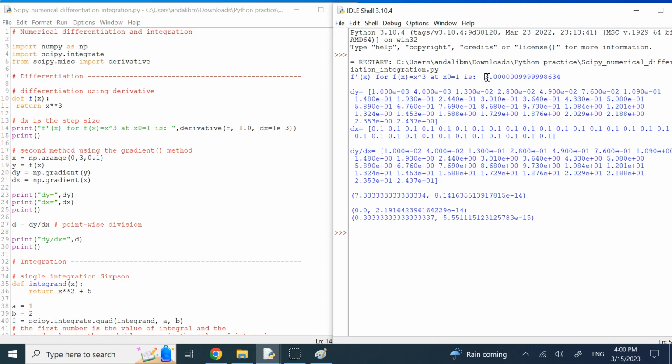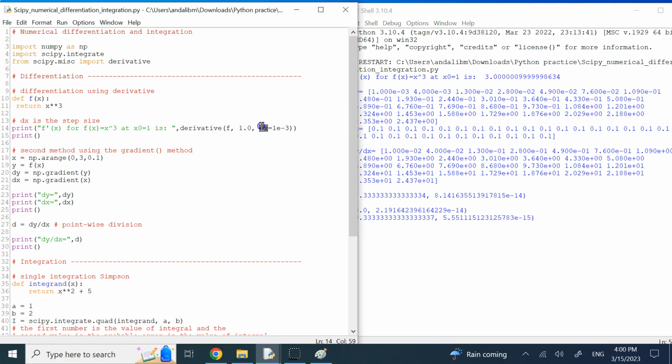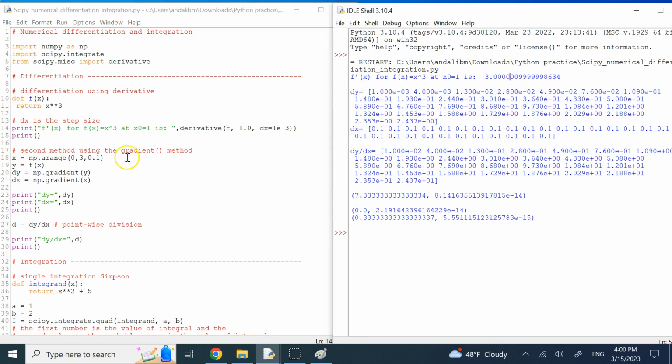This is the forward method. Then you can use the backward, you can use the central method. Anyways, this is your dx, this is your x naught. One time you pass 1 to it, one time you pass 1 plus this number, you calculate the two f's, subtract, and then divide by this dx, and that is an approximation that you will see here.